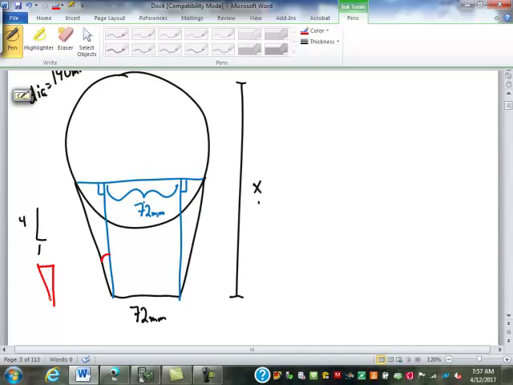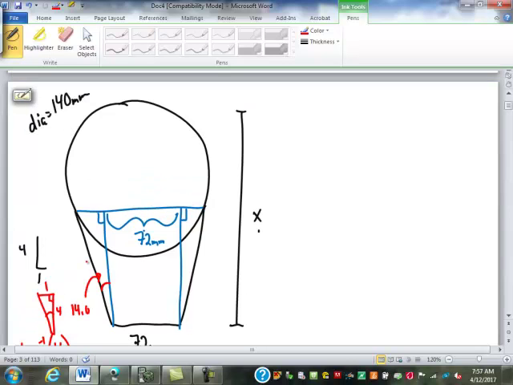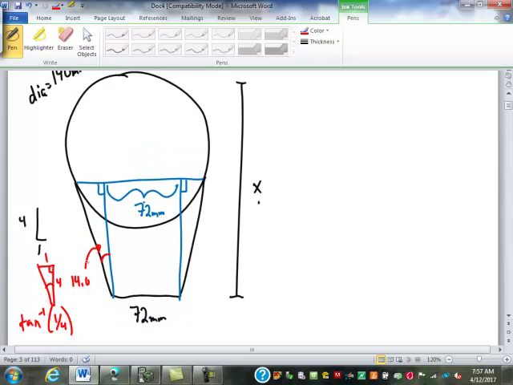If I draw it like this would be 1, this would be 4, and this is that angle. So that angle is the inverse tangent of 1/4. The diameter is 140. So that angle is 14.04 degrees again.